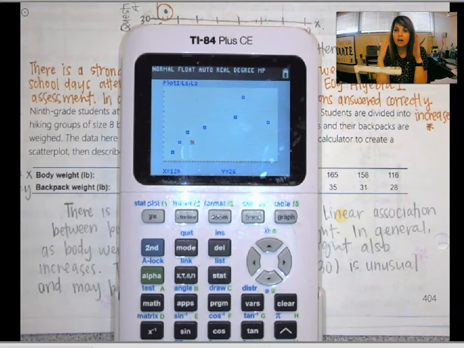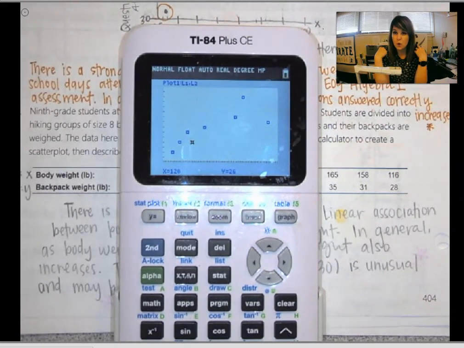But there are other categories like moderately strong, moderately weak. So if you're uncomfortable with that for now, you're okay. That will be easier for you to determine as we move through our lessons.